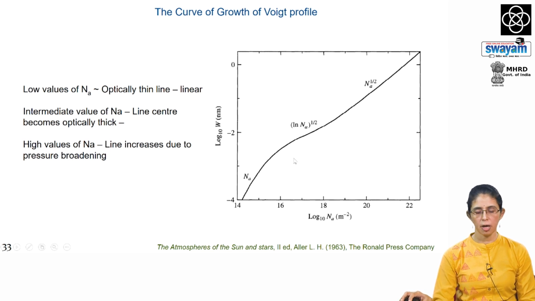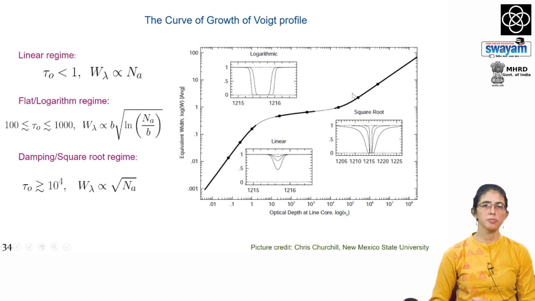For low values of abundance, one can see that the equivalent width is directly proportional to the abundance. For larger values of abundance, one can see that the equivalent width is no longer directly proportional to abundance, but rather tends to flatten down as the line becomes optically thick. And for the higher values of abundance, one sees that the equivalent width is now related to the square root of abundance. This is also shown from this curve where the equivalent width is plotted as a function of the optical depth.